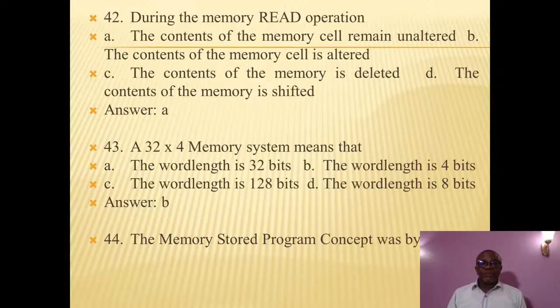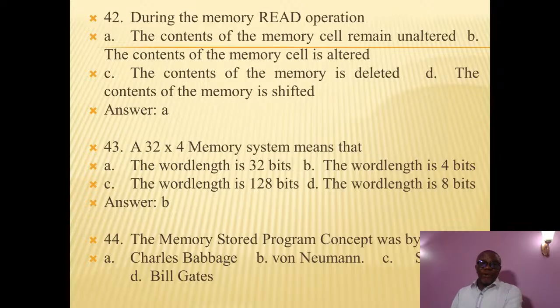So, the stored program concept was conceived by who? We say Charles Babbage, von Neumann, Steve Jobs, Bill Gates. I think this is as easy as we know who Bill Gates is. He's associated with Windows.